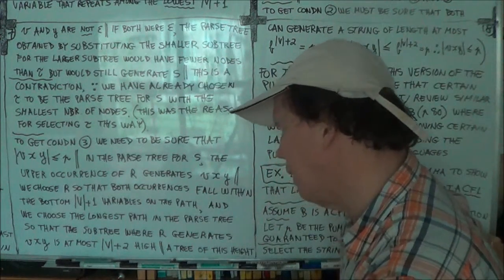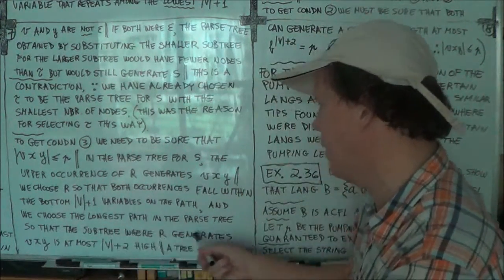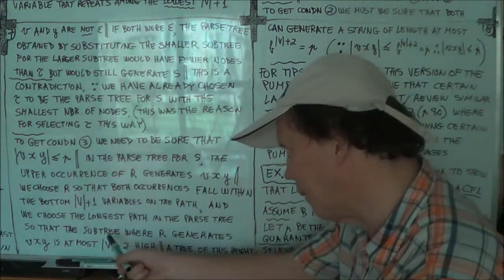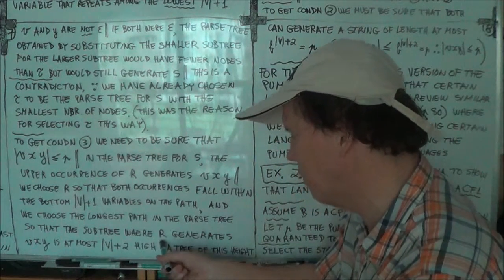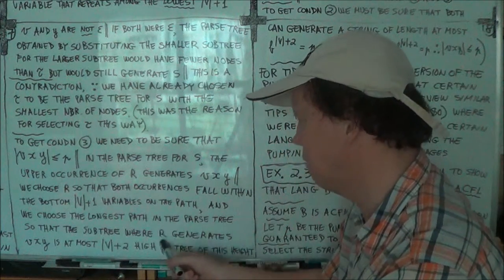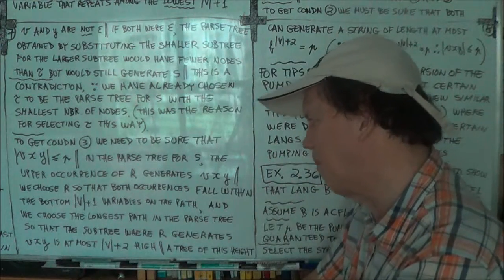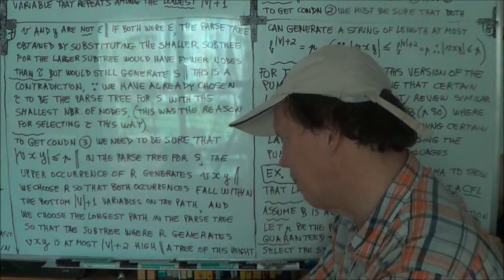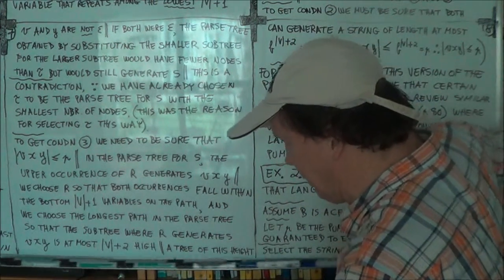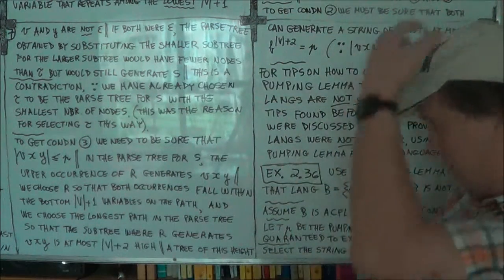So now we choose the longest path in the parse tree, where the subtree that R generates is vxy.